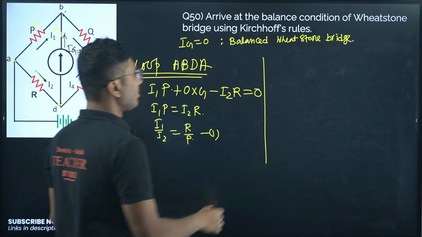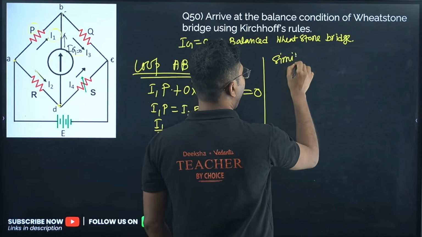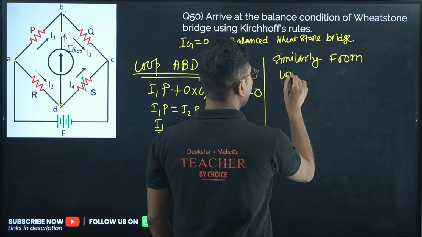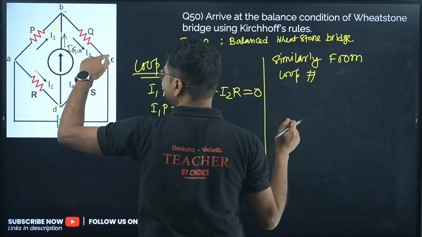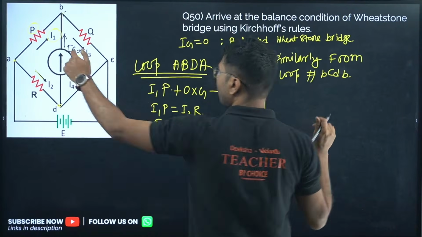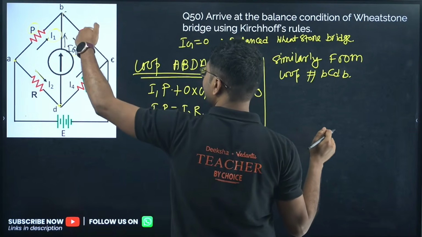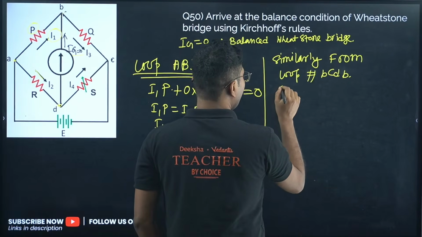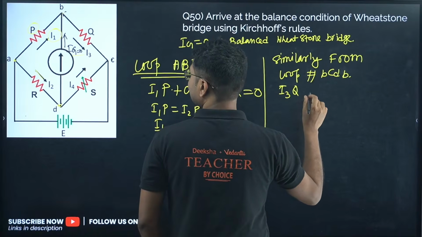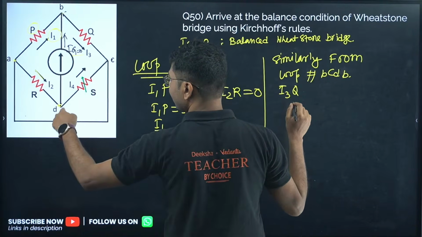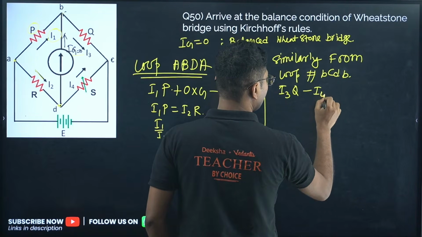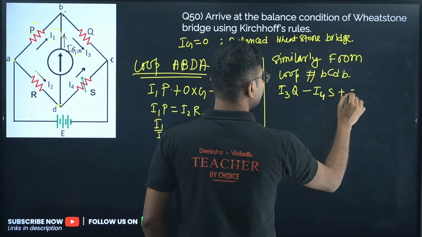Similarly, from the loop BCDB, the current passing through this resistor Q is I3, so I3Q minus I4 into S plus 0 equals 0.